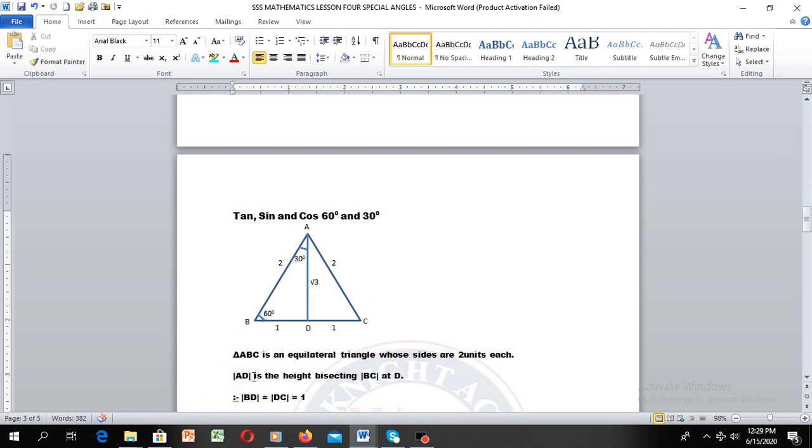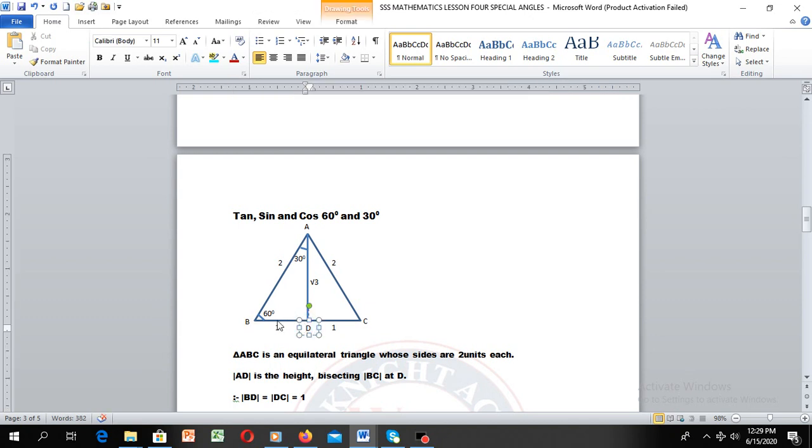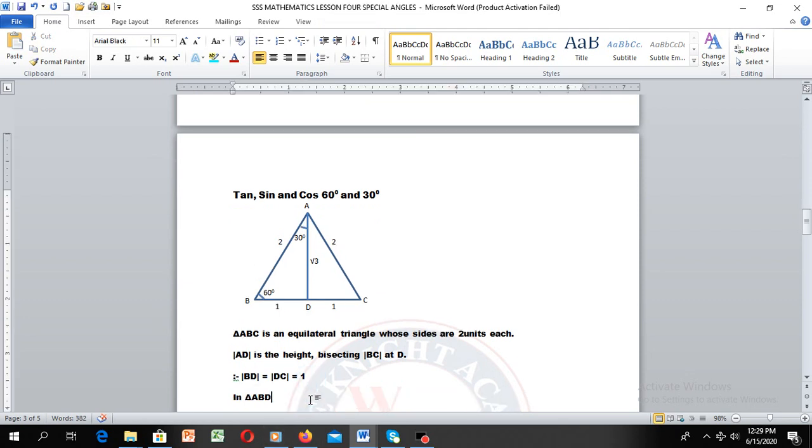So we say that AD is the height of the triangle, bisecting side BC at point D. So therefore, length BD will be equal in value to line segment DC. So that means that if BC is 2 units and BC has been divided into 2 equal parts, therefore BD will be equal to 1 unit and DC will be equal to 1 unit. 1 plus 1 is 2. So that will give us our 2 units back.